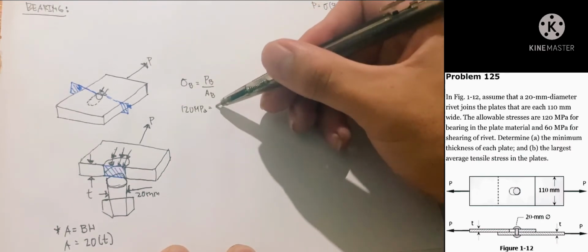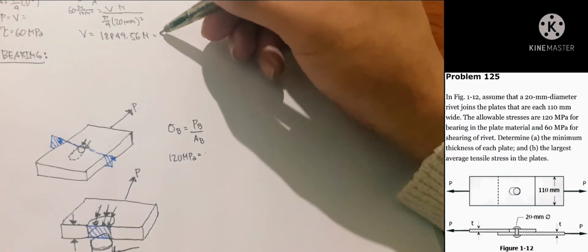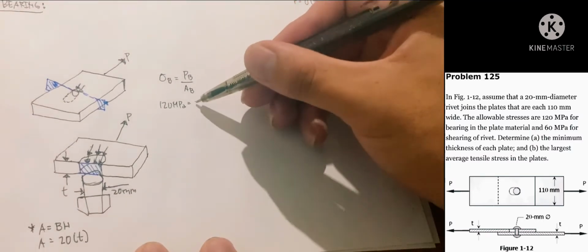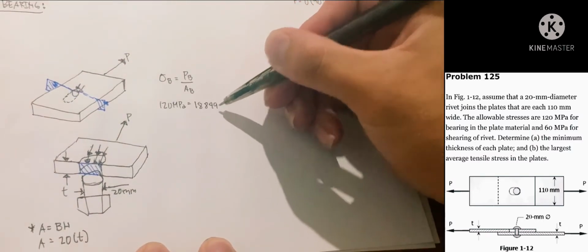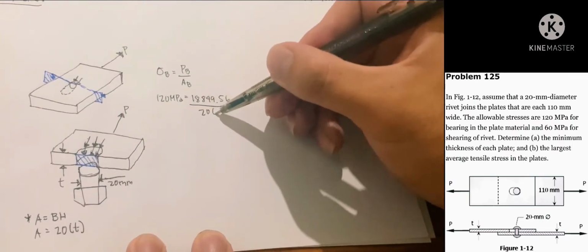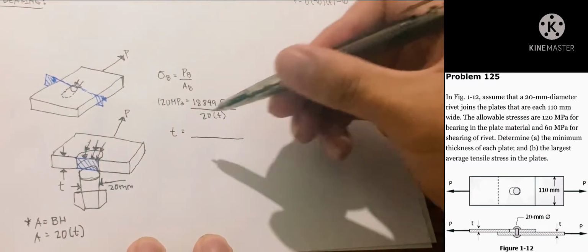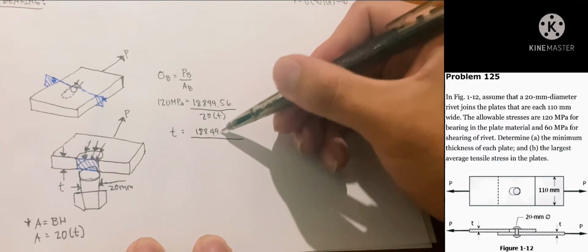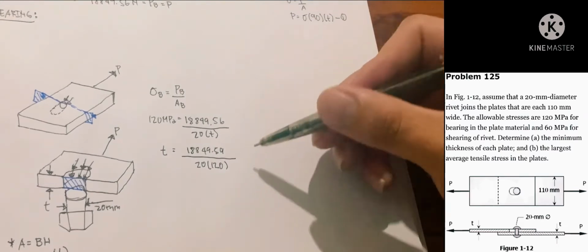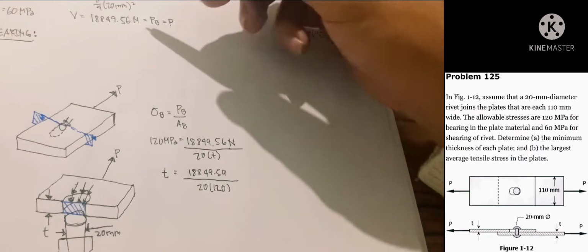Next, we have a limitation, the allowable stress of 120 megapascals for bearing. Since our load is only one, it must be our shear. It is the same, since that's why three stresses can occur in a single structure.